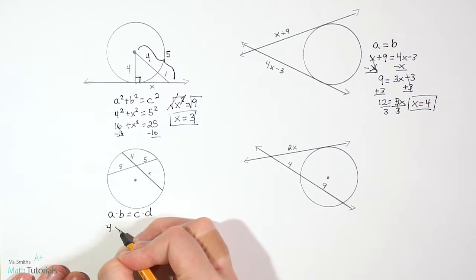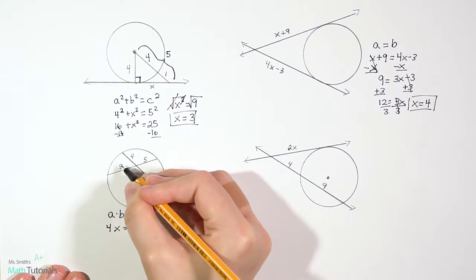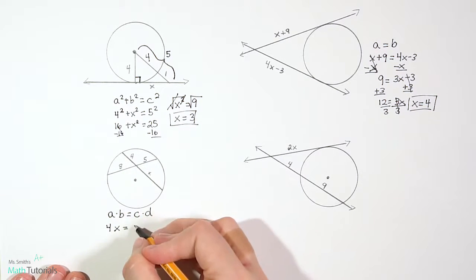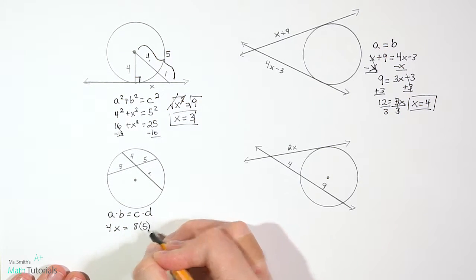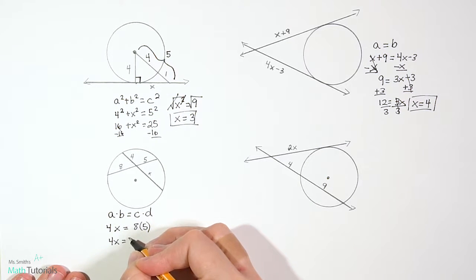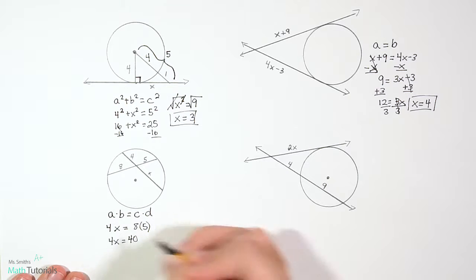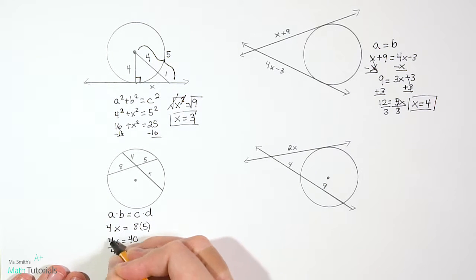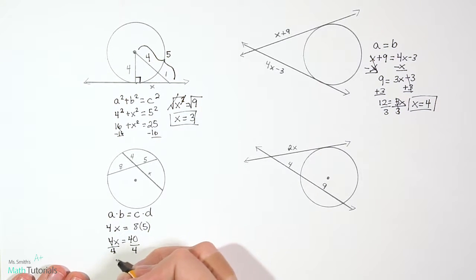So 4 times x equals C times D, so 8 times 5. Now we'll bring down our 4x, and 8 times 5 is 40. And then of course we divide by 4, and we get x equals 10.